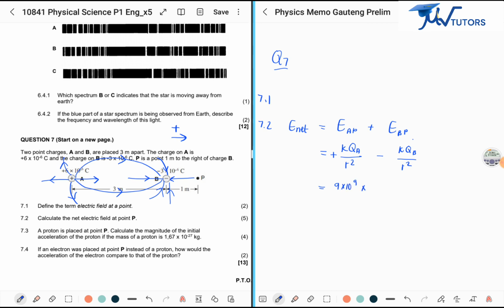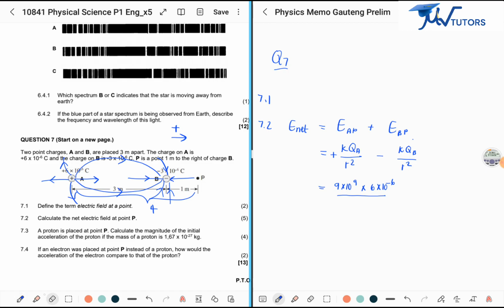The charge on A is 6. Here, please do not put in the sign. Take it as positive for both A and B. And then the distance from A to P: we have 3 meters between A and B and an extra meter over there, so basically it's 4.